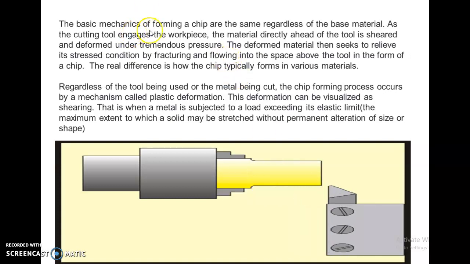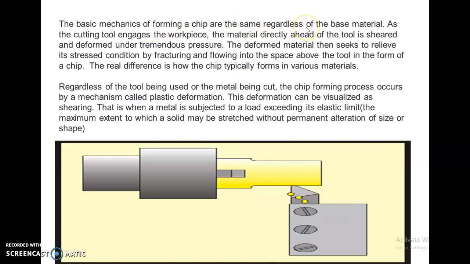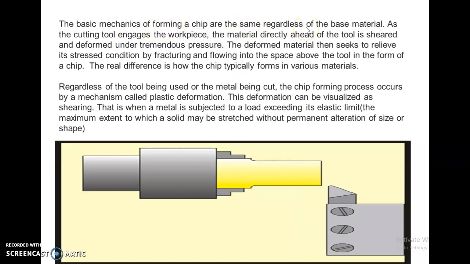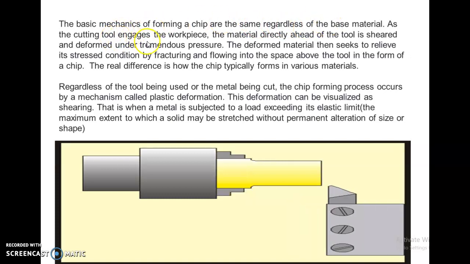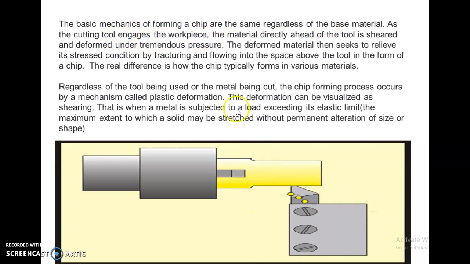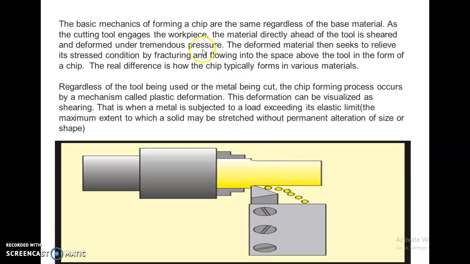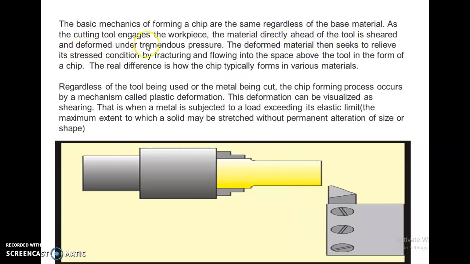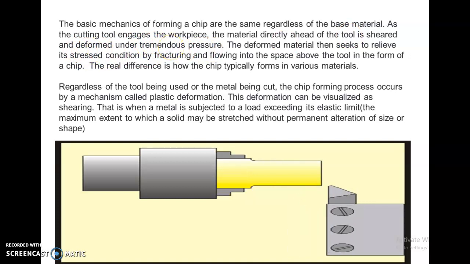The basic mechanics of forming a chip are the same regardless of base material. So the mechanism is the same. As a cutting tool engages the workpiece, the material directly ahead of the tool is sheared and deformed under tremendous pressure.